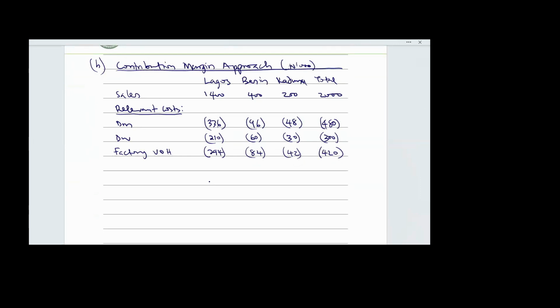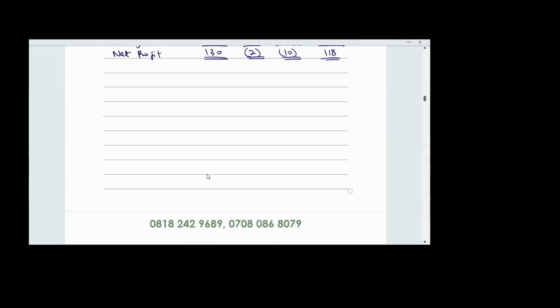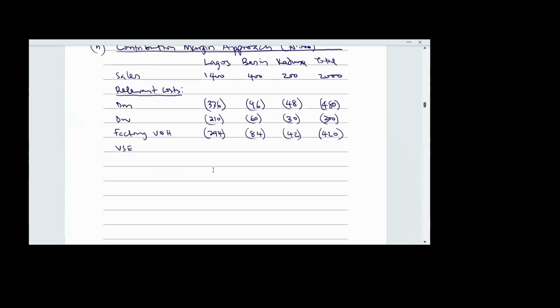Then after factory variable overhead, we have variable selling expenses. Variable selling expenses is 70, 32, 20, total 122.